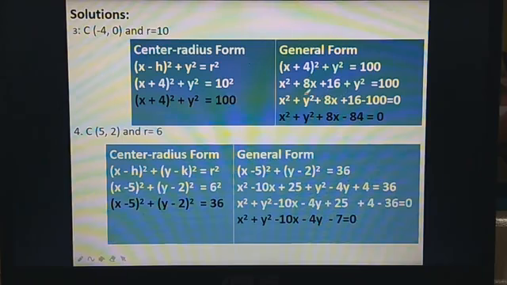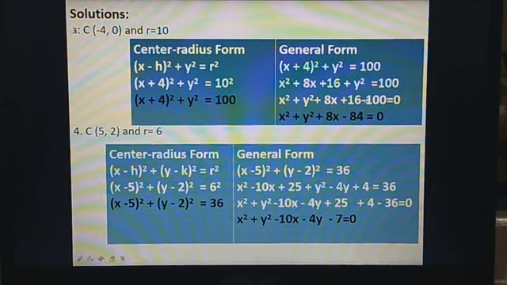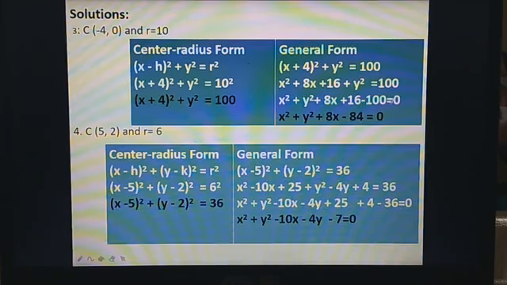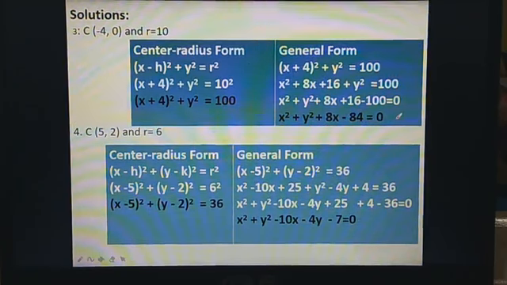So we have x squared plus y squared plus 8x plus 16 minus 100 equals 0. Combining these two constant terms, we have 16 minus 100. So our value of f will be negative 84. So we have x squared plus y squared plus 8x minus 84 equals 0 is our general form.